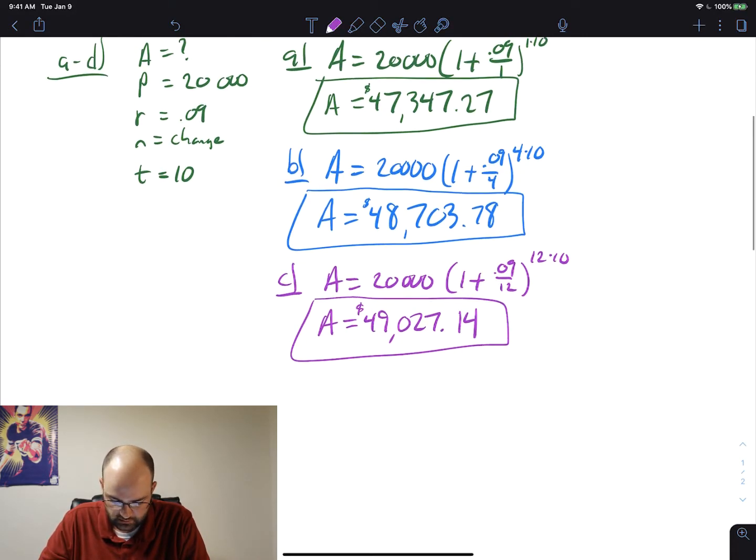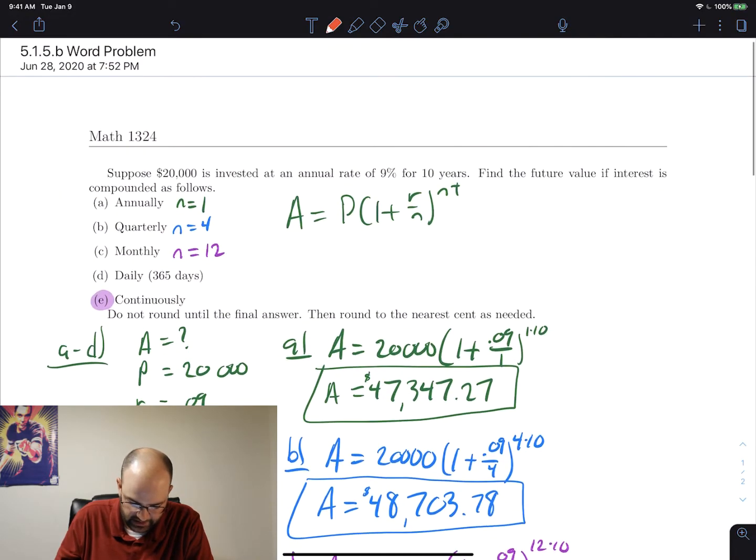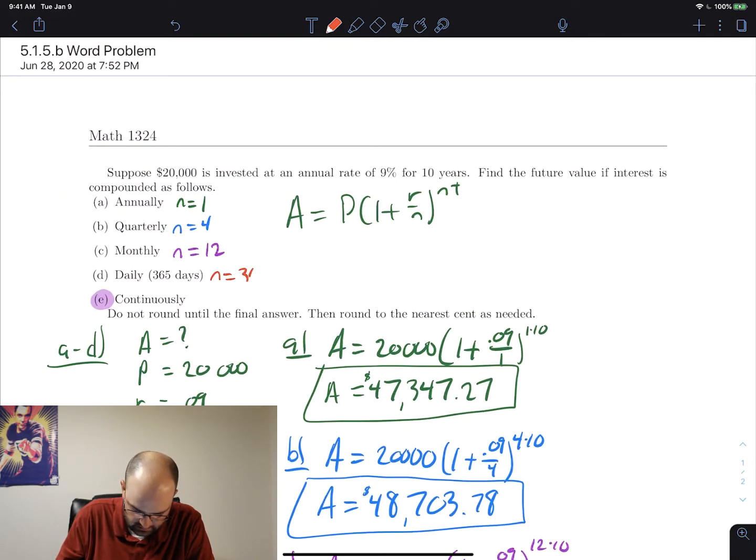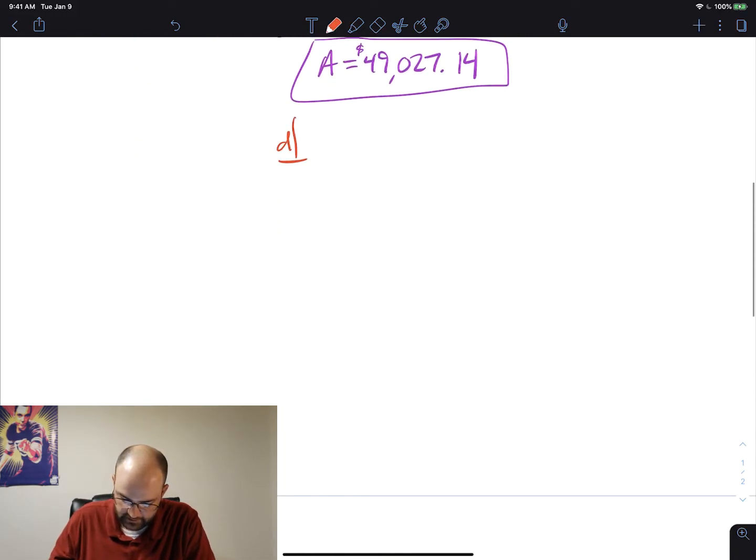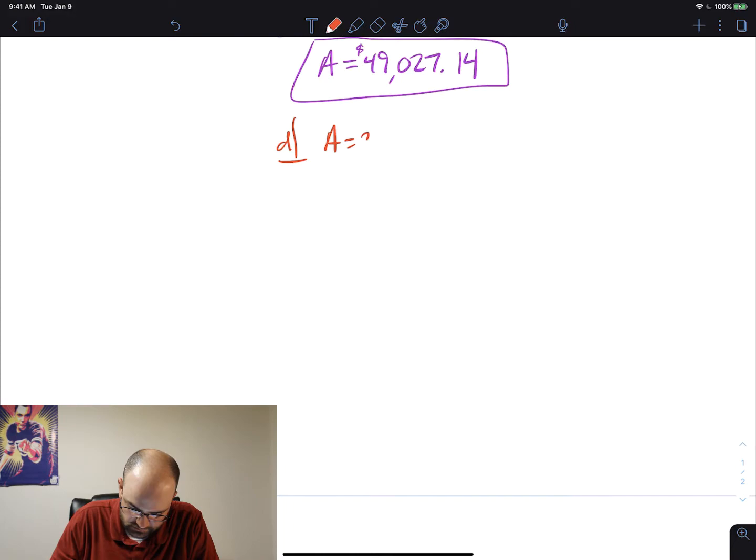Now let's go on to letter D, and on D we have N as 365. So for letter D, we have A equals 20,000 times 1 plus 0.09 divided by 365, all to the 365 times 10.